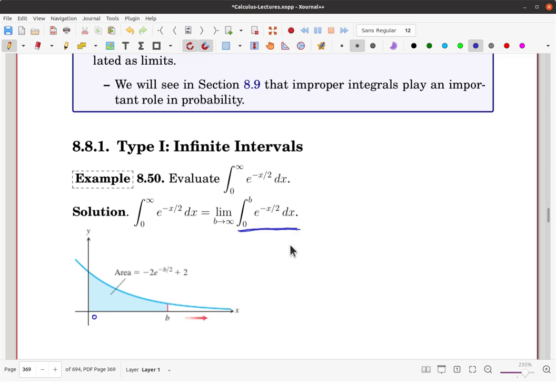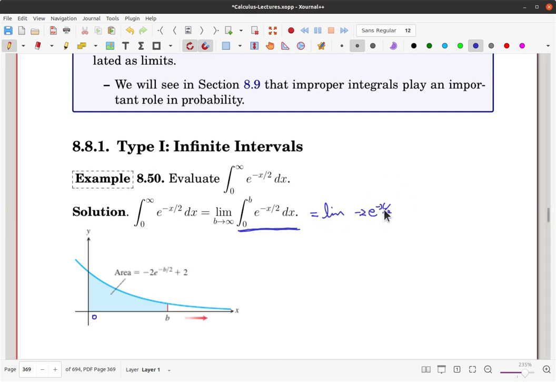Here, let's finish this computation. That is the same limit, and for this one, the antiderivative is, let's see, e to the minus x over 2 is the main part. And if you take the derivative, then minus half will come out, so we need a minus 2 here.